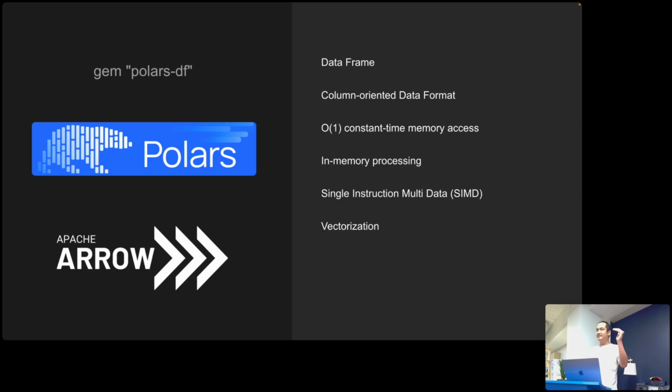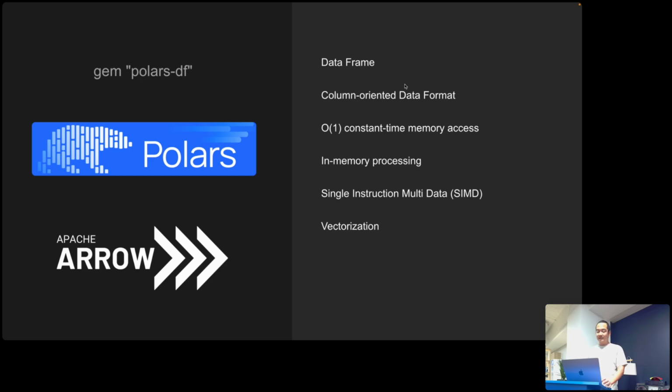That takes time, because if you have 1,000 rows, you have to do at least 1,000 operations. But a column-oriented data format is much smarter than that. It can go up to just one operation to do all your calculation at once. I'm going to explain why this can happen.